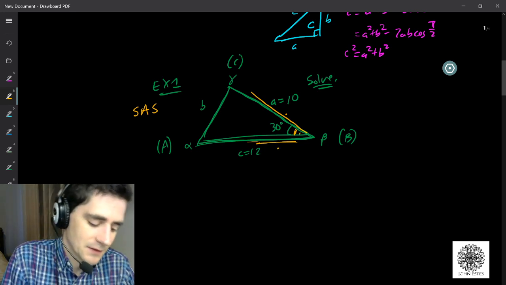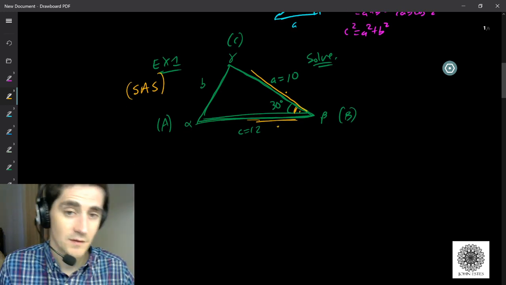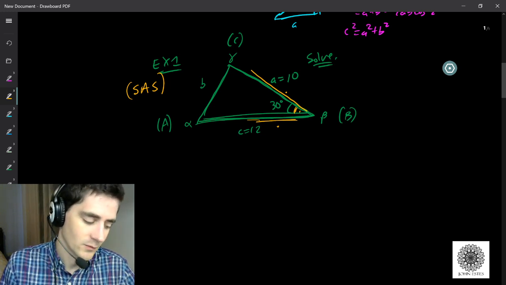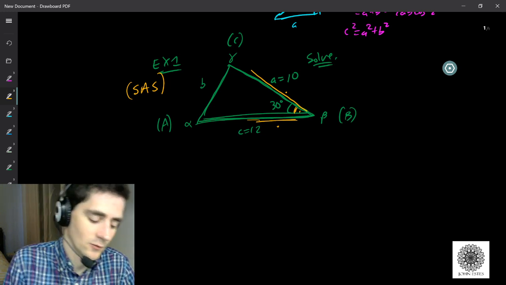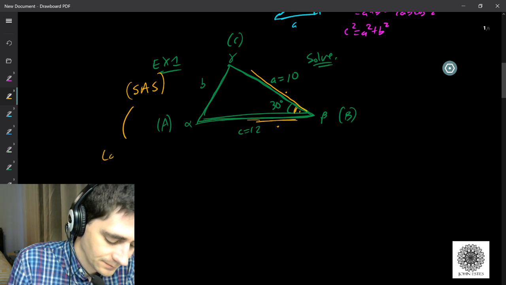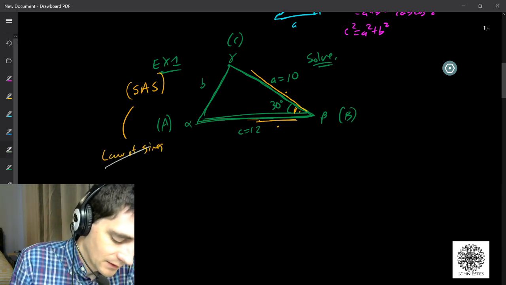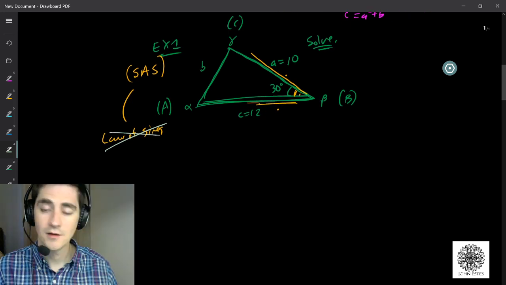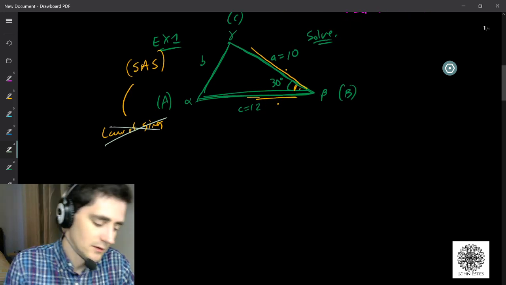This is a side, angle, side case, which tells me law of sines is not going to work here. Law of sines does not work, so we're going to have to try something else. We're going to use law of cosines.